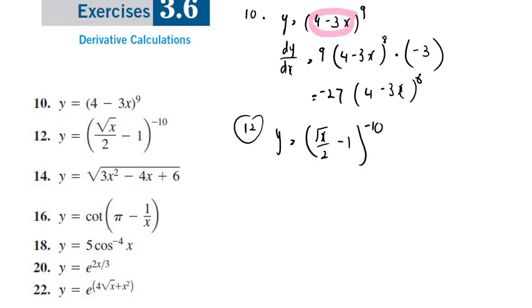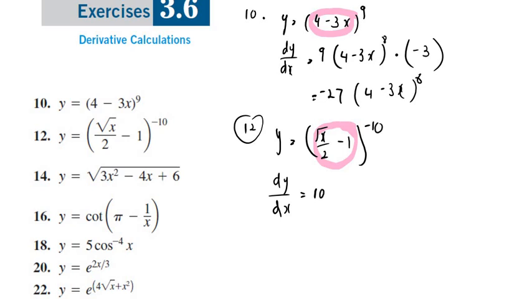So we take the minus 3 out close to the equal sign. So we get minus 27 (4 minus 3x) to the power 8. So we'll do 12 next.